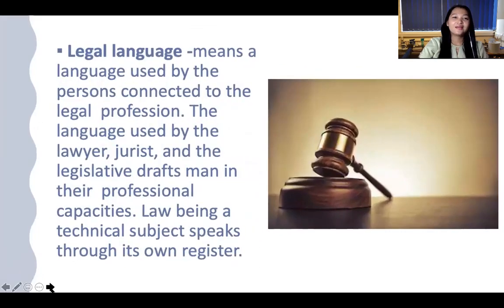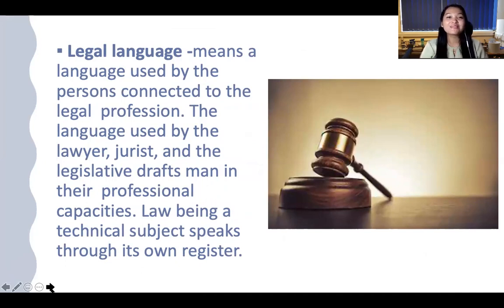Next, when we say legal language, what do we mean by that? Legal language is a language that is used by a person that is connected to the legal profession. So who are the people that use legal language?